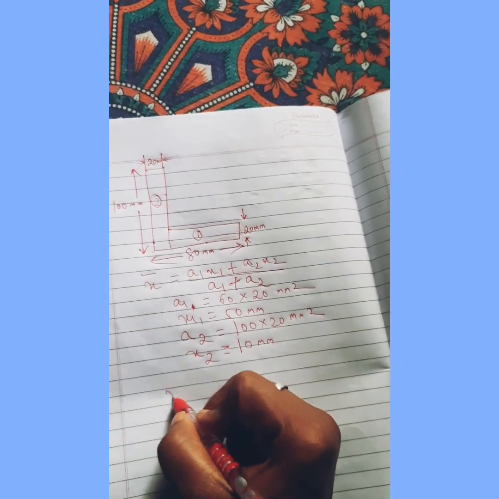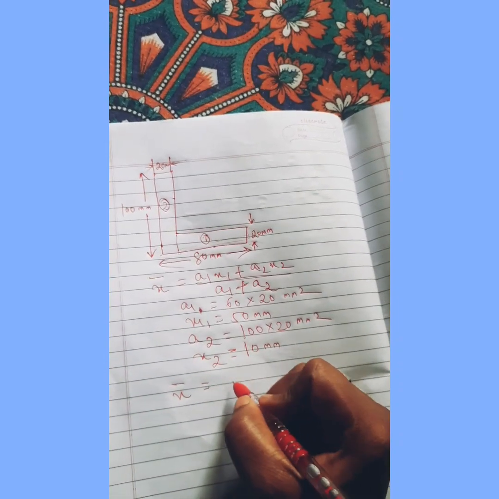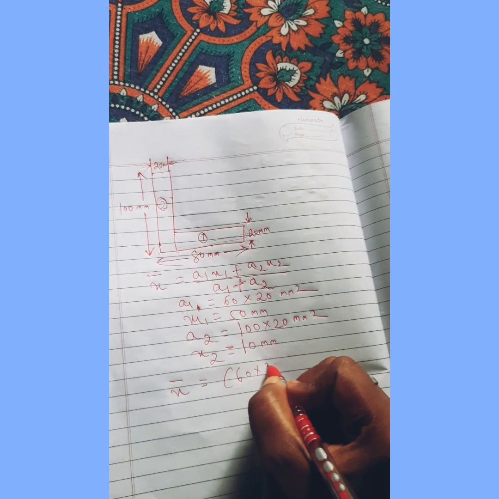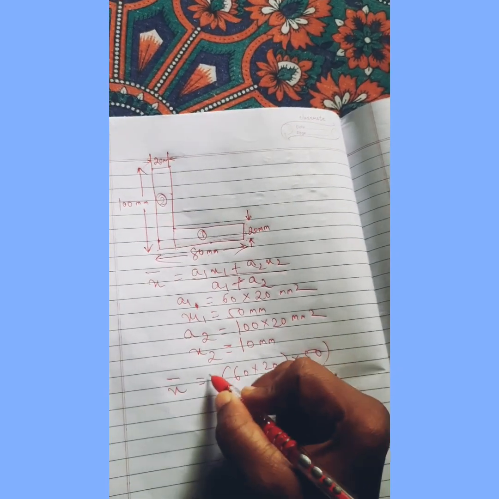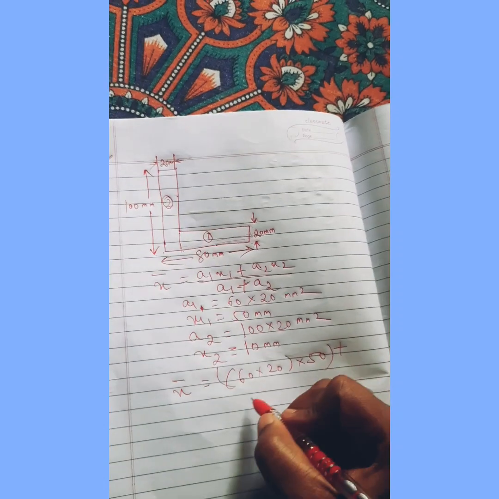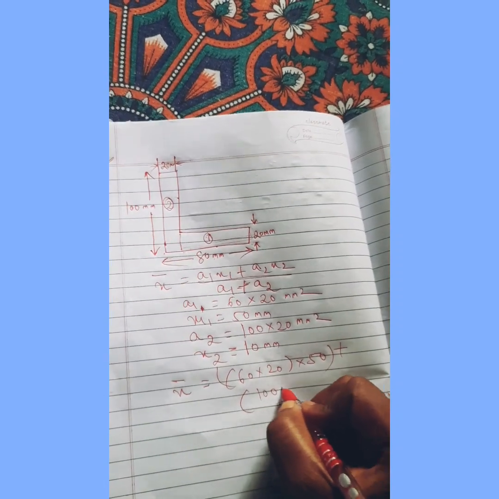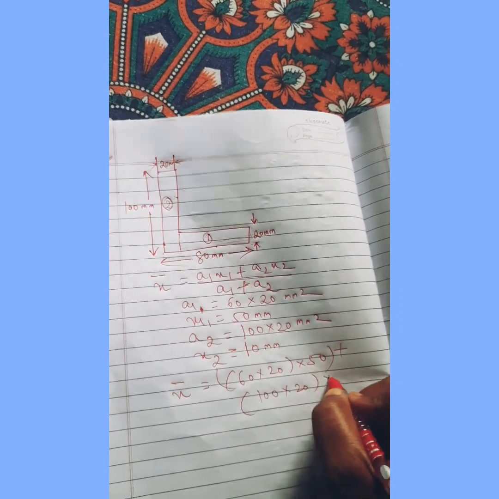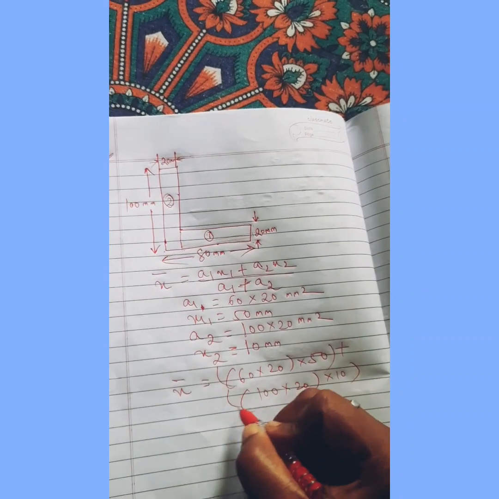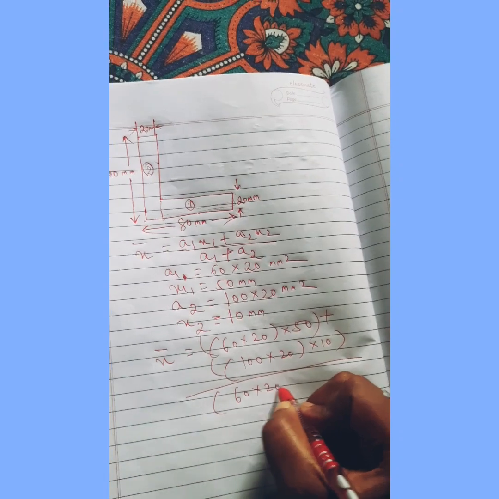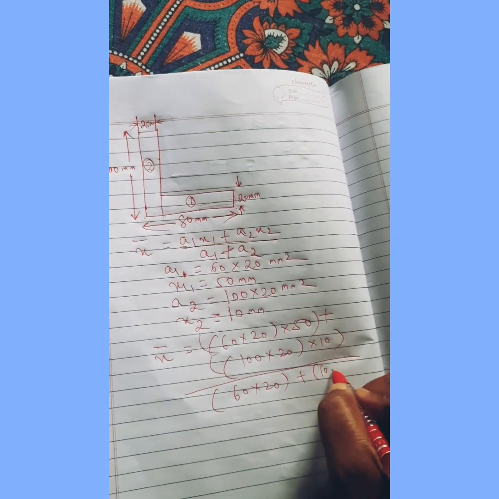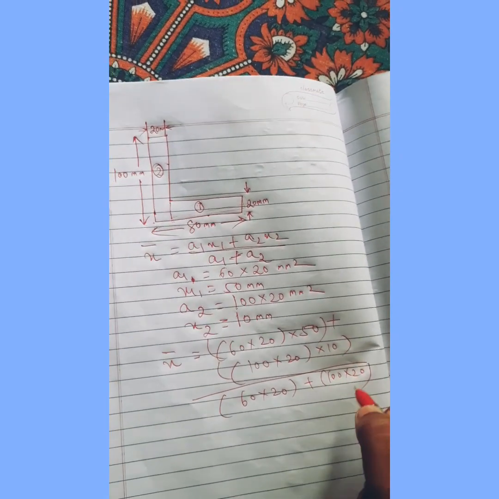So we'll put these values in the formula. X bar equals a1, 60 into 20, into x1 which is 50, plus a2 into x2, a2 is 100 into 20, into x2 which is 10, divided by a1 plus a2, that is 60 into 20 plus 100 into 20.